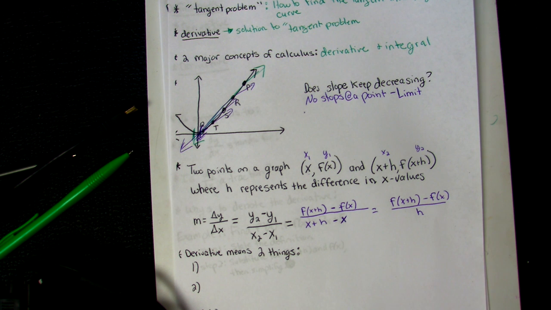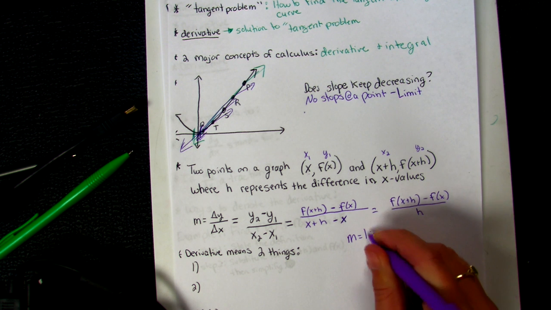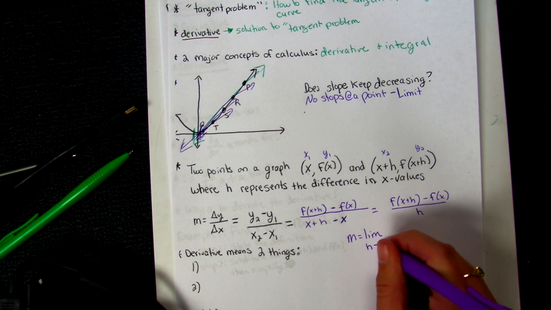So we find that the slope of the tangent line is then the limit of m as our second point gets closer and closer to our first point. So in other words, as x plus h decreases approaching x, we can express it in terms of h approaching 0. So we get the limit as h approaches 0.